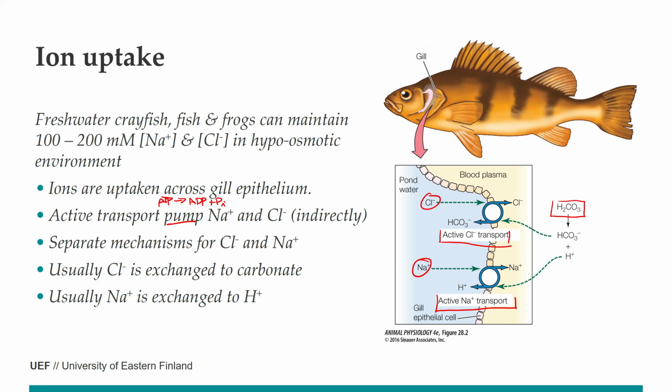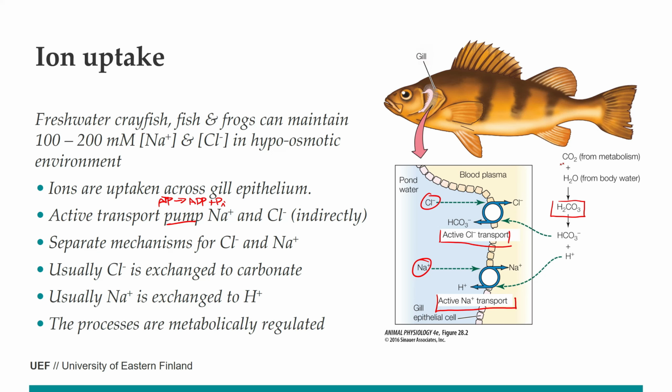And the good thing is that this process is metabolically regulated. So it's regulated from the carbon dioxide. The more you move, the more energy you need, then you are producing more carbon dioxide, and that will increase the uptake of sodium and chloride.